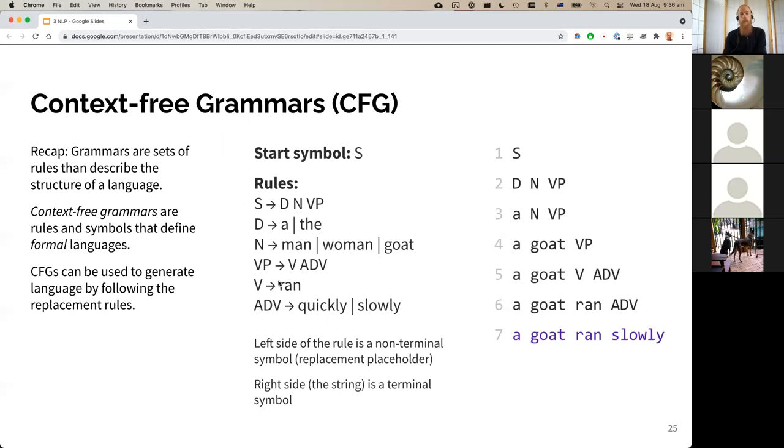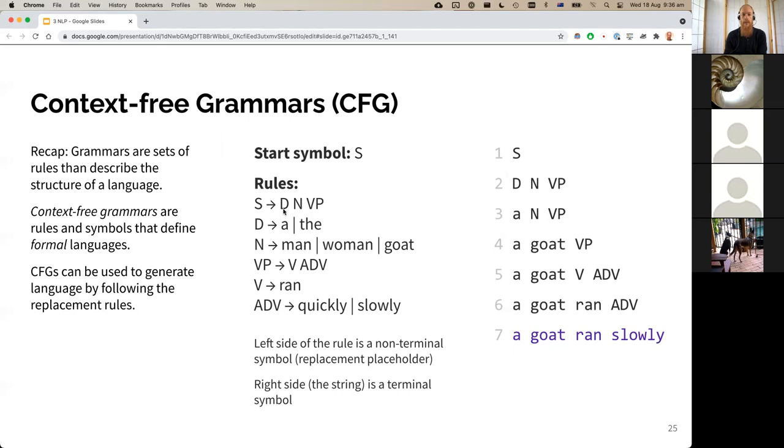So to actually perform this grammar, or to execute a grammar, we start with our S token, and then we go through a series of replacement of the leftmost symbol. The other terminology here is we have non-terminal symbols and terminal symbols.